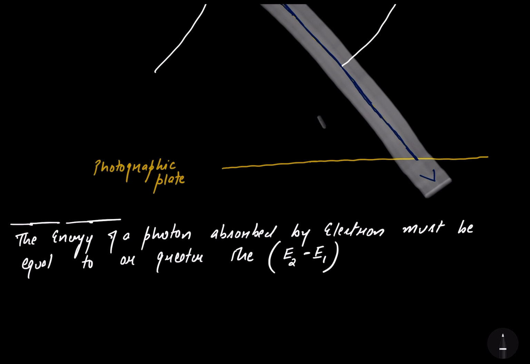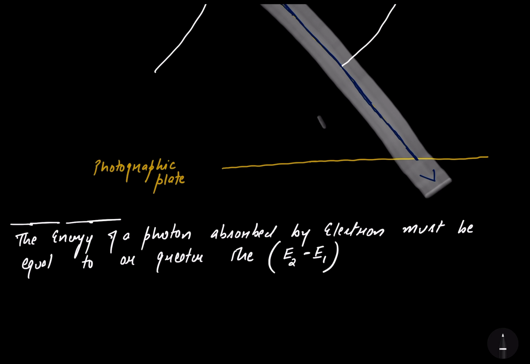So if the energy of a photon is less than the difference between the second stationary state and the first stationary state, the electron will not jump. If it is equal, the electron will jump, and if it is minutely greater, then the extra energy will be converted to kinetic energy.